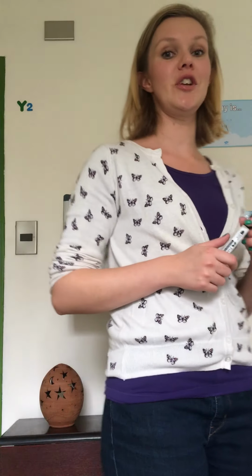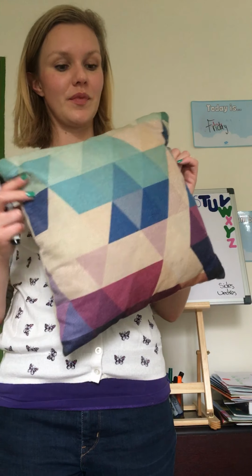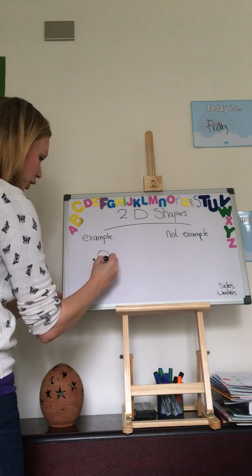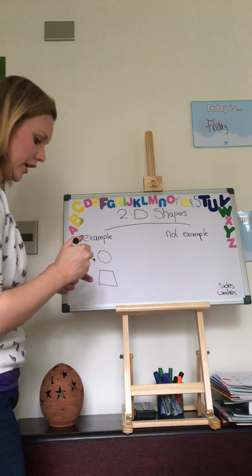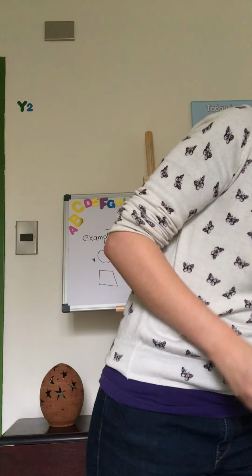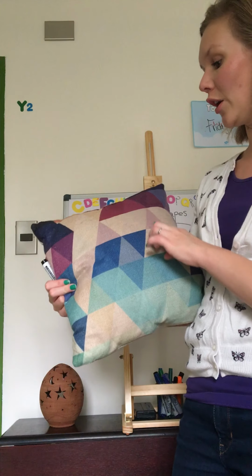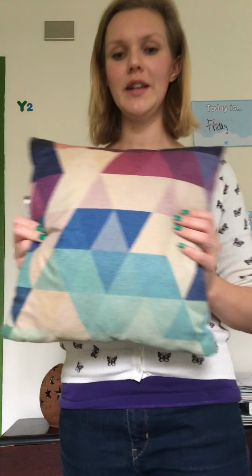So there are lots of shapes all around me, but I've picked this one. It's a pillow. And it has the form of a square. This is a square. I'm going to draw it here. Okay, a square. And also, if you look at my pillow, you can see other shapes inside of this one, right?